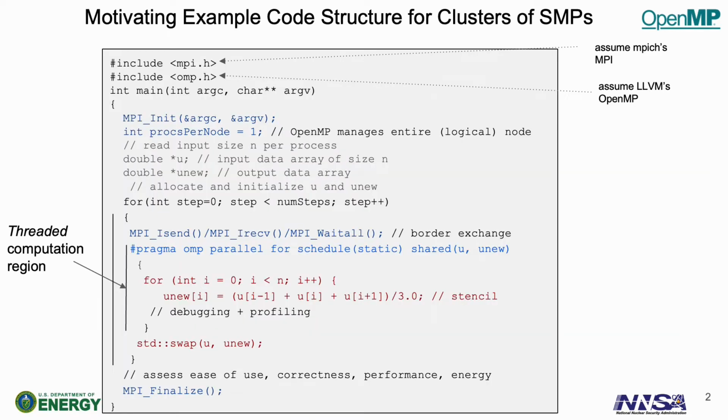This is a motivating example code structure for a DOE simulation that's running on a cluster of SMPs. This is the typical code structure that many of the applications take.